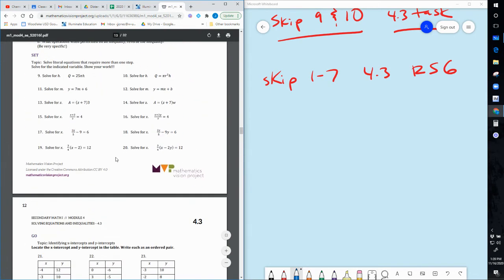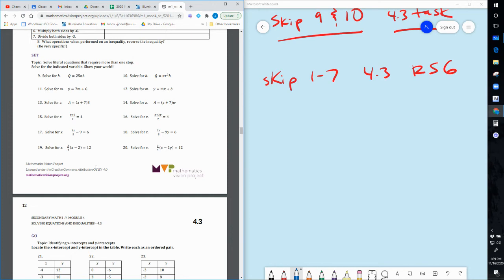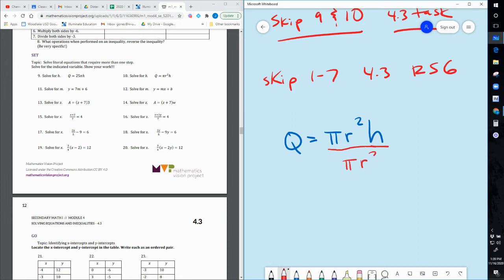All right, let's just do one for fun. Let's do one that looks difficult. Let's do number 10. Number 10 says Q equals pi r squared h. This is all being multiplied together, and we want to solve for h. So I want h to be by itself, which means I could divide both sides by pi r squared.